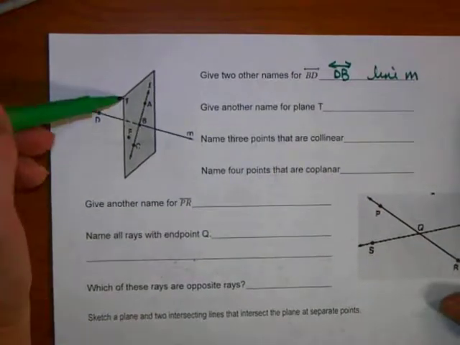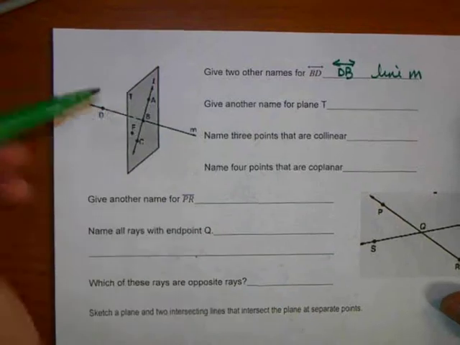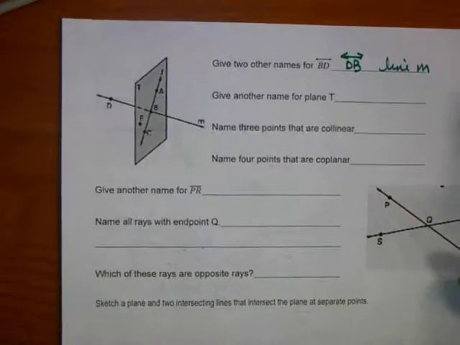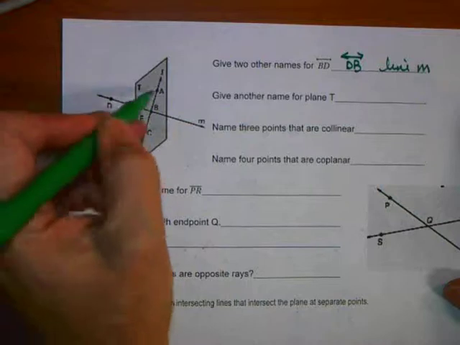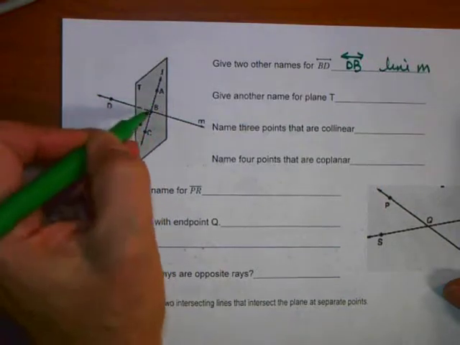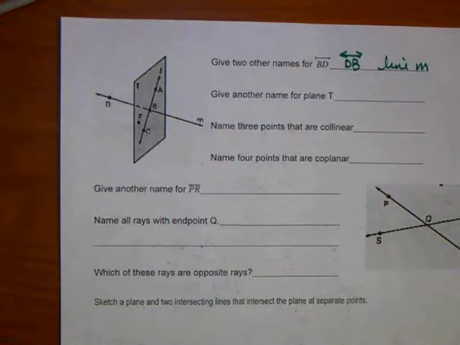Okay? Give another name for plane T. So here's the T up here. See, there's no point by it. So that means they're talking about the plane here. And when you name a plane, you have to use 3 letters, 3 points. Either you use this letter right here, or you name it with 3 points. How many points are on this plane? 4. So you can choose any 3 of them.